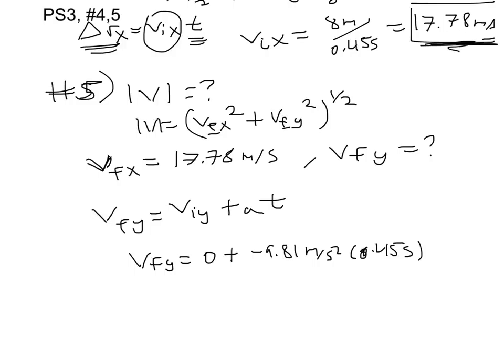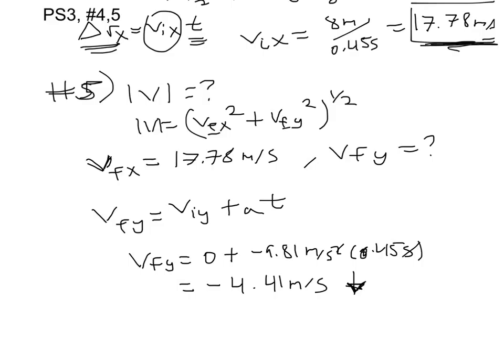When we multiply that out, we see that the final velocity in the y direction is equal to negative 4.41 meters per second. So the units make sense, and the direction makes sense. This is a downward velocity, which is consistent with how we defined our origin.